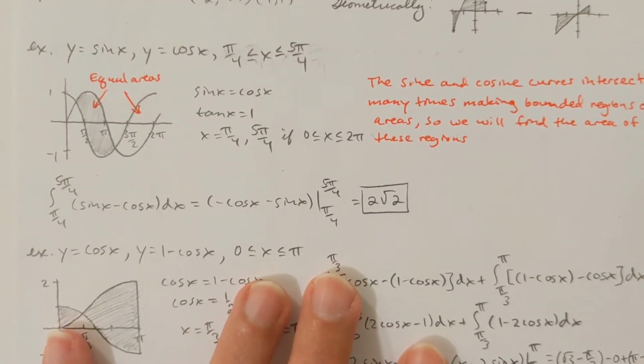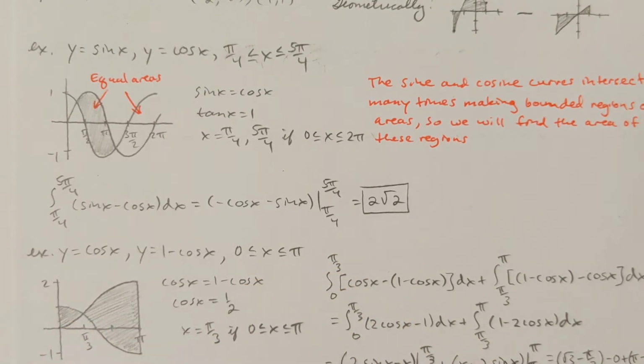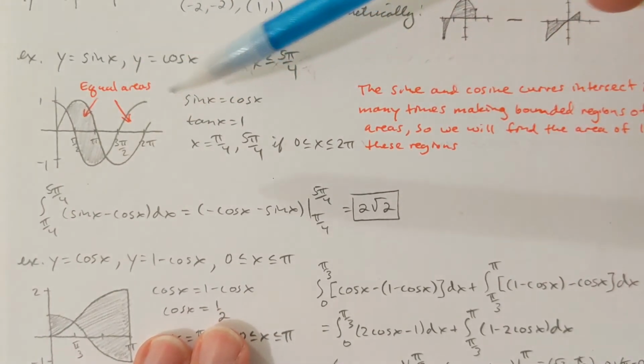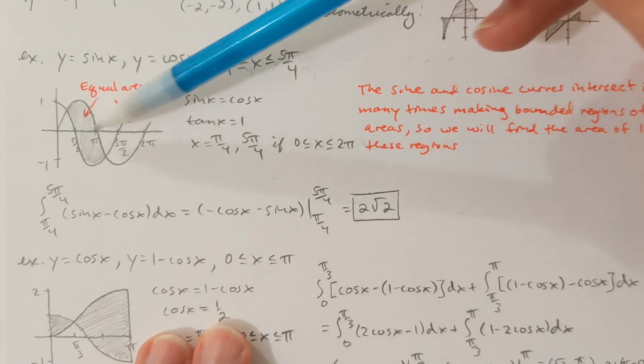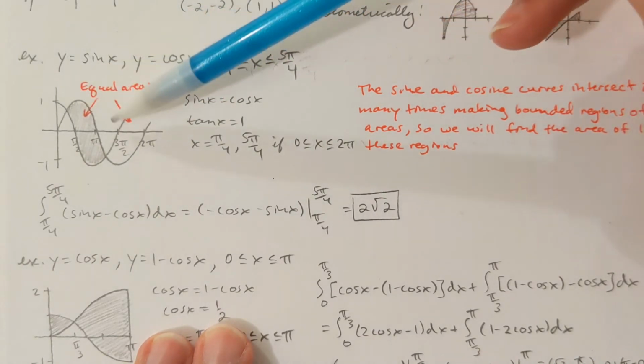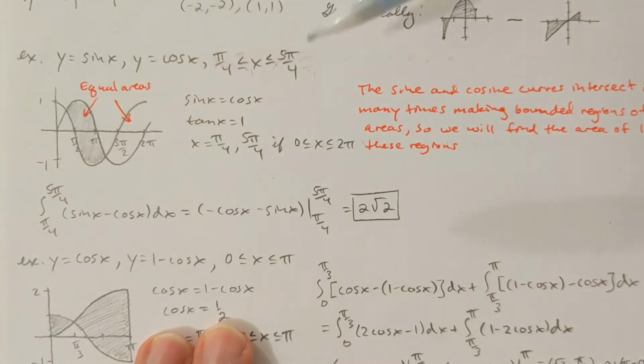Okay, here's another example. Suppose that we want to find the area between y equals sine x and y equals cosine x, if x is between pi over 4 and 5 pi over 4. So I've drawn the sine curve and the cosine curve and marked out where the curves intersect each other, at pi over 4 and 5 pi over 4.